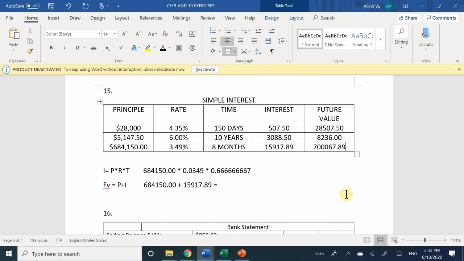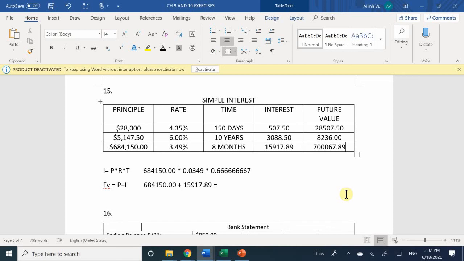It just seemed like such a big number. But think about it, if you started off with $600,000 and you're adding an additional 16,000 on top of that, it only makes sense that it has to be a large number.